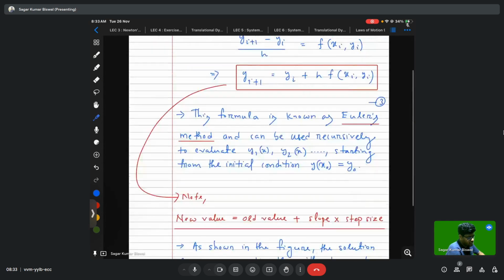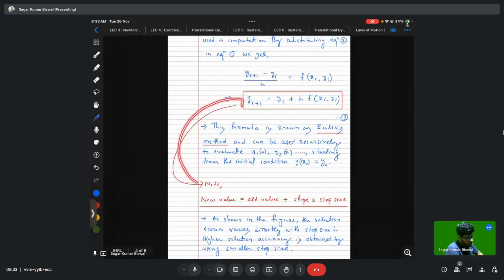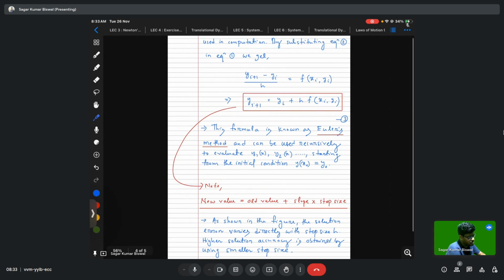So note what this formula represents: the new value of this function is actually the old value that you have from the initial condition, plus the slope, right? This f(xi, yi) is nothing but the slope dy by dx, times the step size. The step size is h.